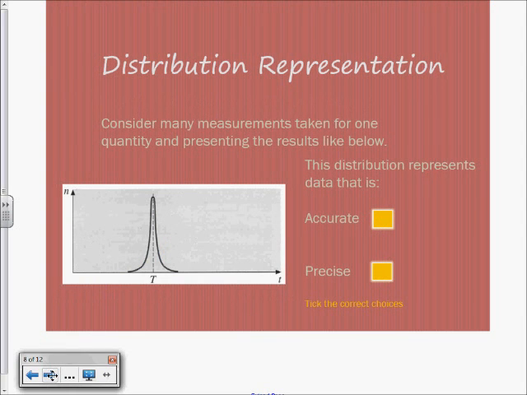This one here, again, the results are centered on the true value, so it's accurate, but because they're also clustered much more closely around the true value, then we would also say that they are precise.